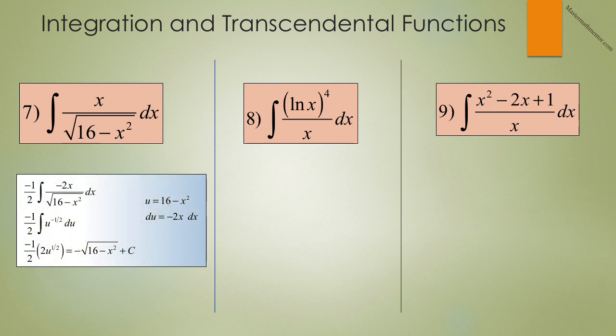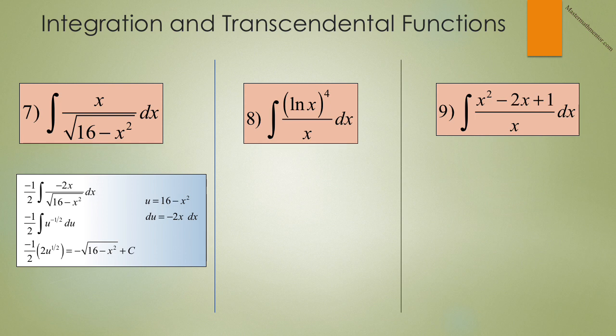In number 7, we're asked to take the integral of x over the square root of 16 minus x squared dx. So we will let u equal 16 minus x squared, and du is equal to -2x dx. We can pull this off by putting a -2 to the inside and a -1/2 to the outside, getting -1/2 the integral of -2x over the square root of 16 minus x squared dx.